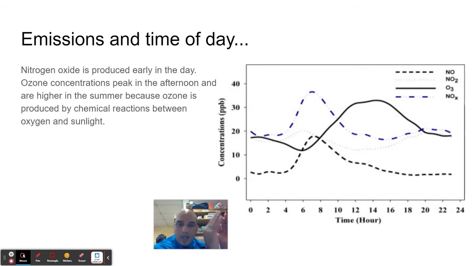I feel like my explanation of that is not clean, but just understand that these two processes, ozone formation, tropospheric ozone formation, happen simultaneously during photochemical smog. And when photochemical smog is occurring, ozone is also being made all the time.